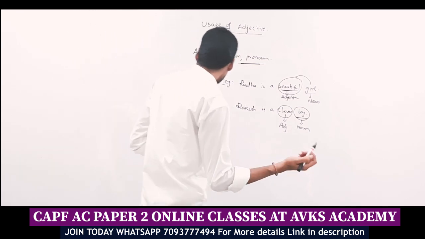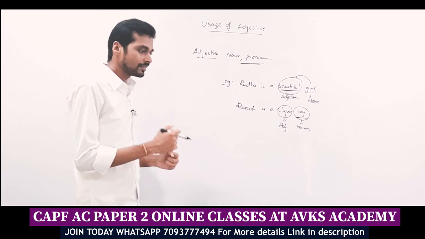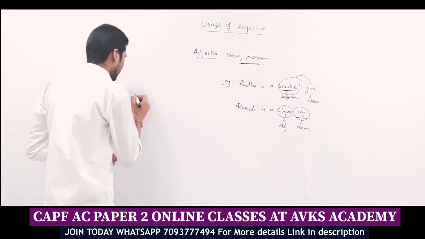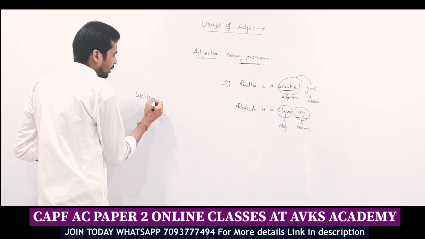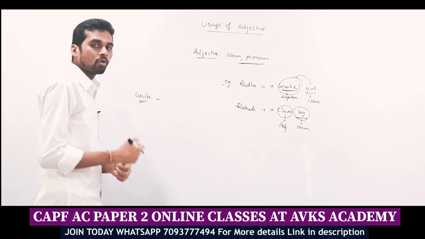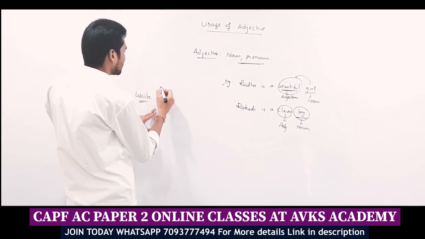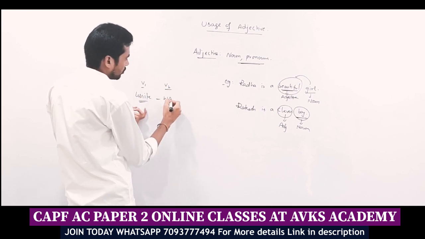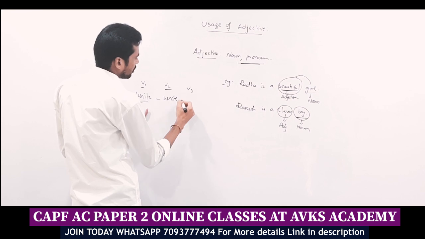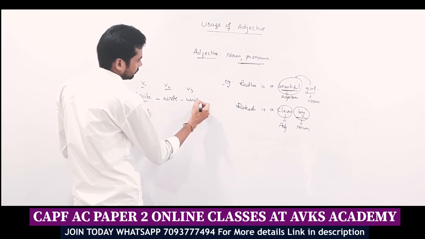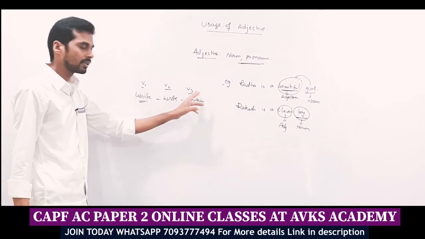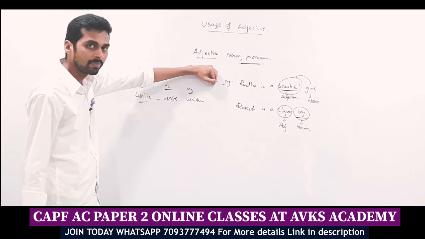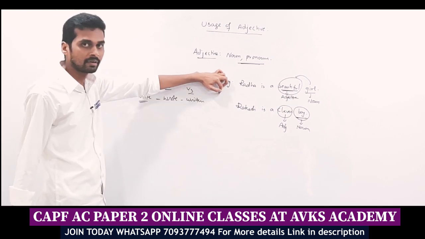In the verbs part, when we discussed verbs, like write is a verb, we were told that write has three forms: V1, V2 that is wrote, and V3 is what? Written. Of course we have the V4 form, that is write plus ing.